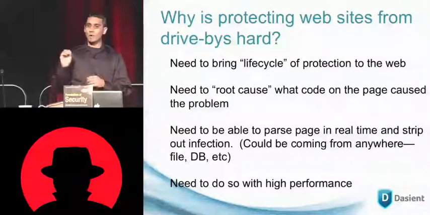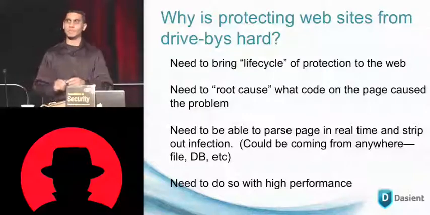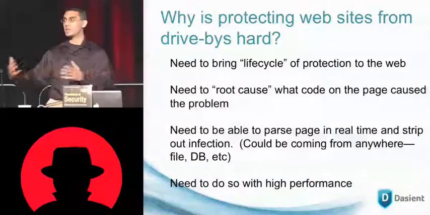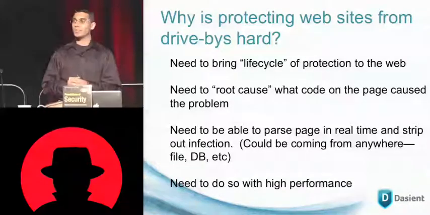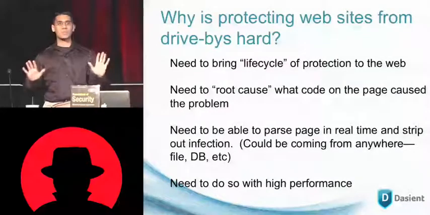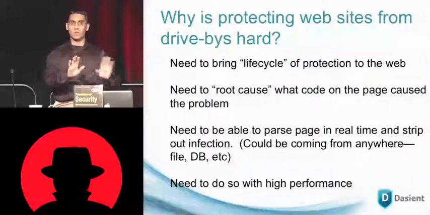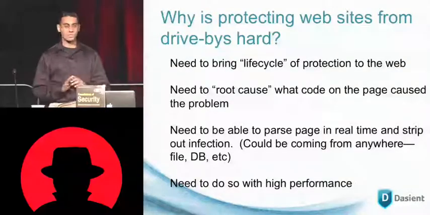You want to root cause what happened in a targeted way. This is a little bit different than what a search engine or a browser or a traditional AV provider needs to do. In those cases, they simply need to detect that the web page is infected and put up the appropriate messages.